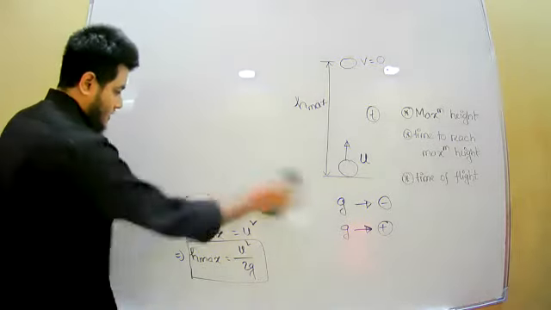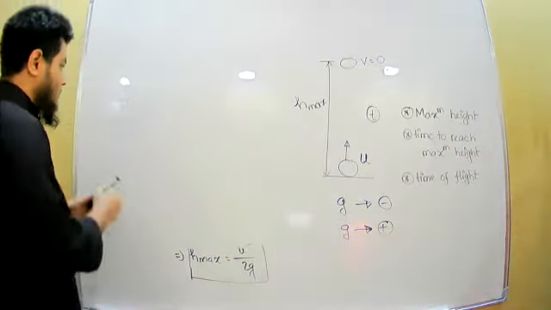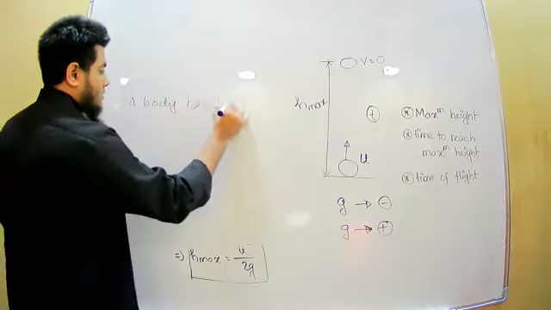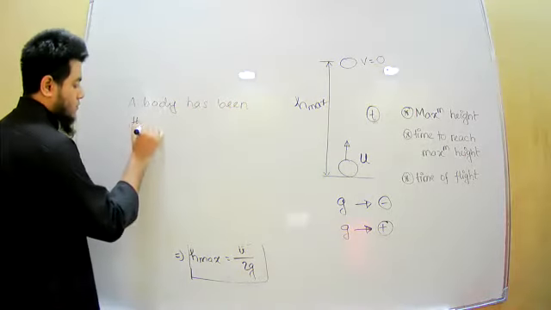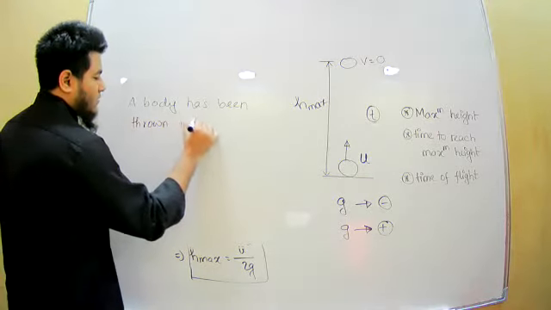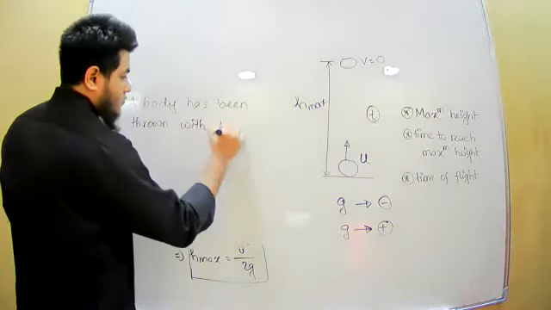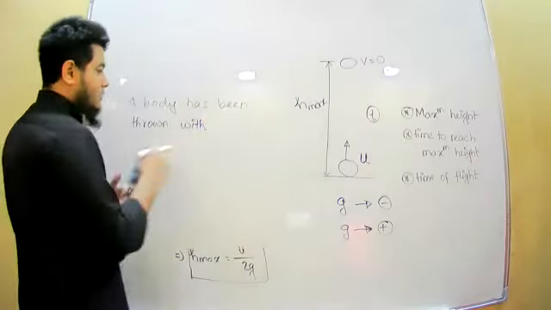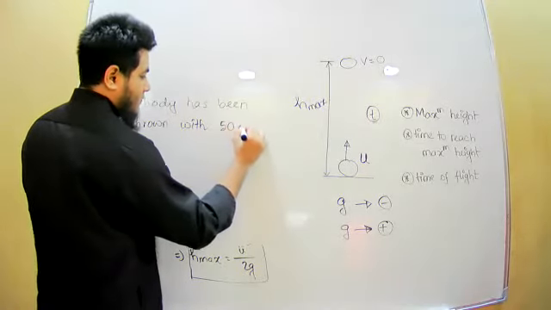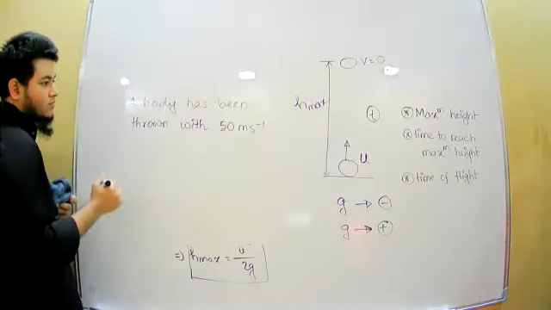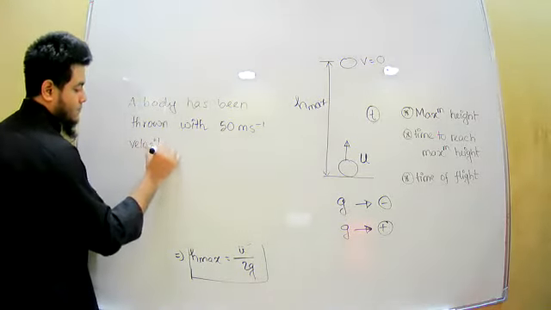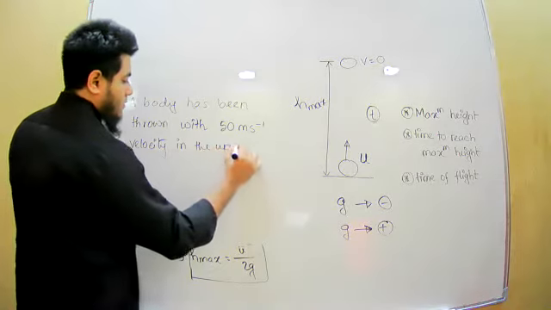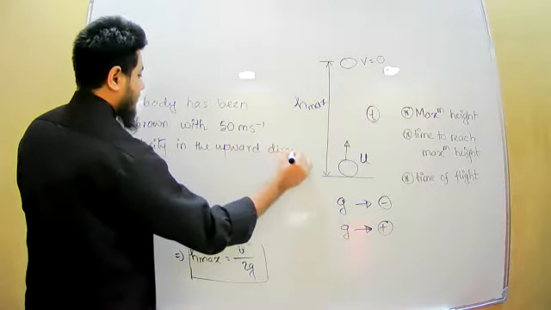Let us say I told you that a body has been thrown with, let us just increase the velocity a little bit, 50 meter per second velocity in the upward direction.